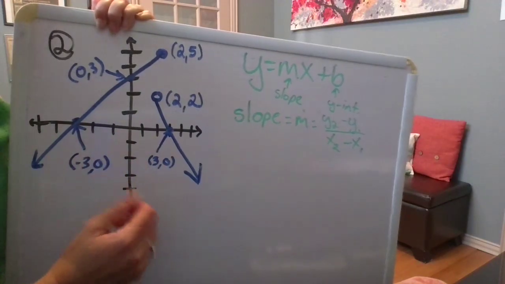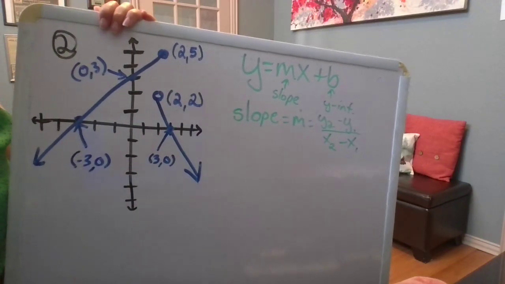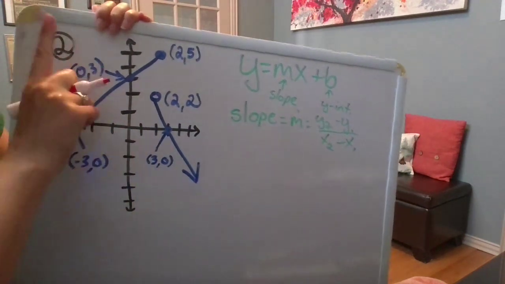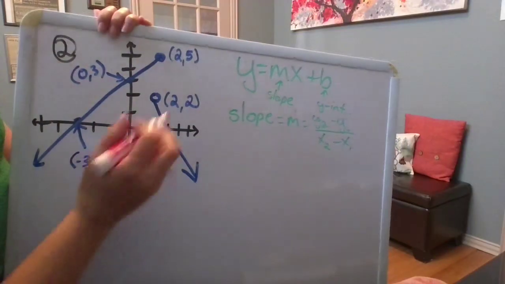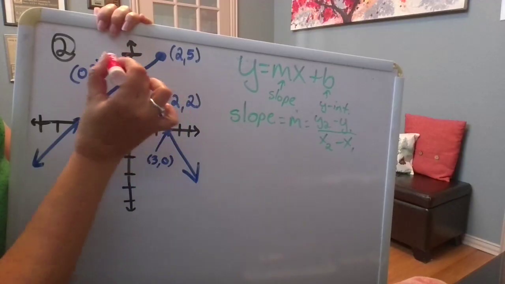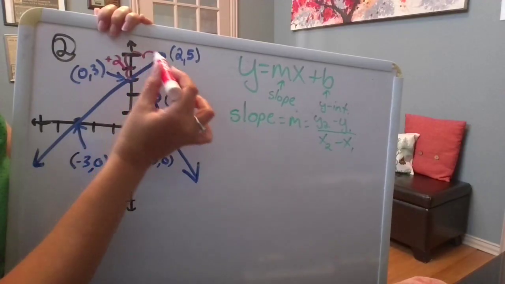Whenever you're doing slope from a graph, I'm going to explain it that way first. If you're just looking at these two equations, you can look at the rise and run in order to find the slope. If I look at these two dots, I can see it went up 2 and it went over 2.